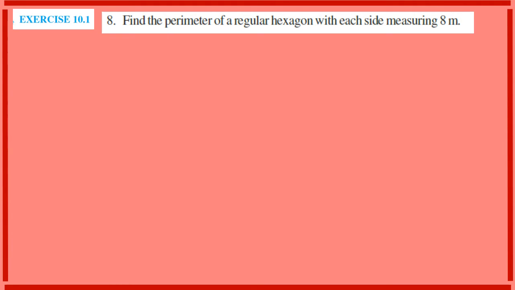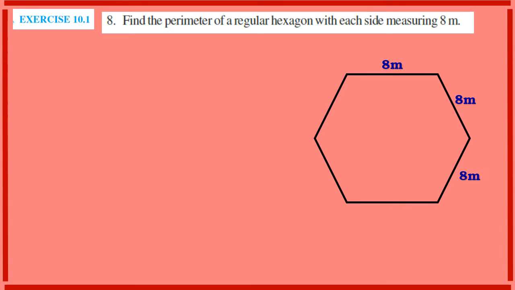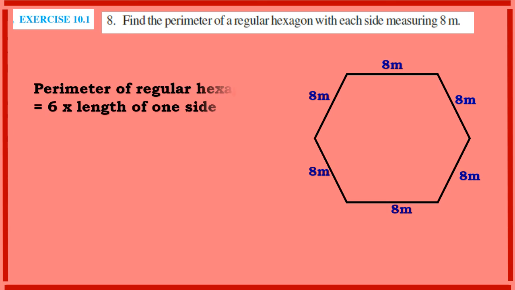Find the perimeter of a regular hexagon with each side measuring 8 meter. So hexagon means how many sides? 6 sides are there. All the sides equal length, that is 8 meter. So the perimeter of regular hexagon, what to do? 6 into length of one side, that is 6 into 8, which is equal to 48 meter.